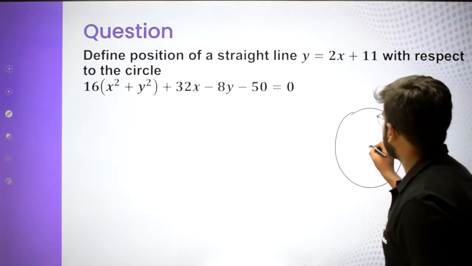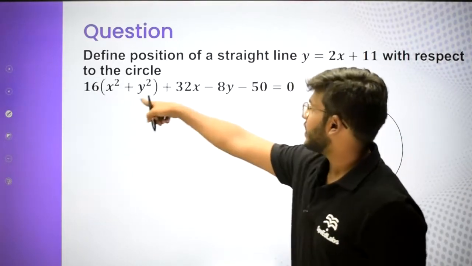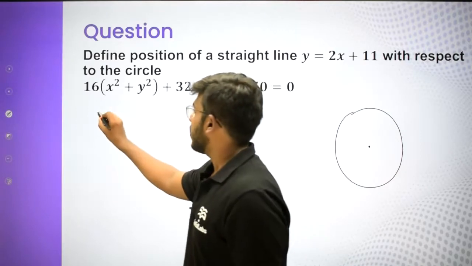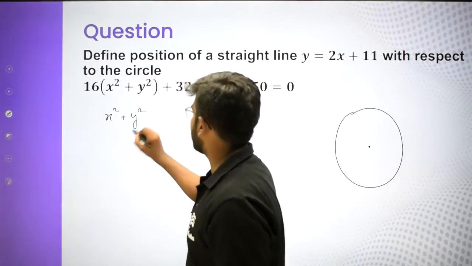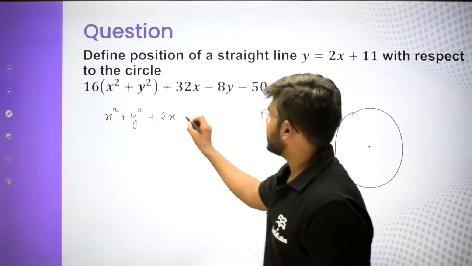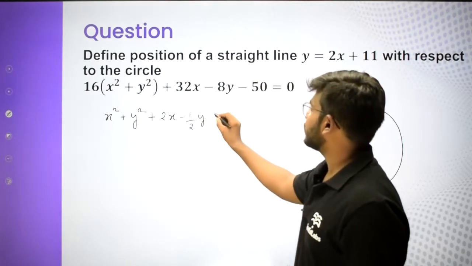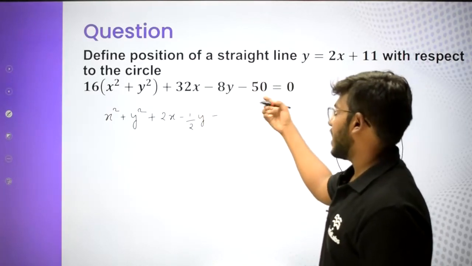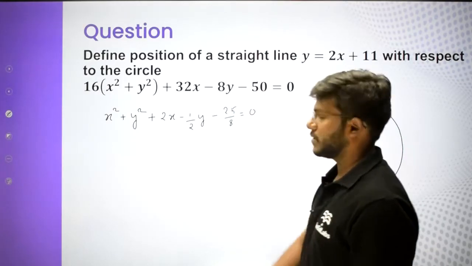Now guys, can you tell me what is the center of this circle? So first of all, can you divide this whole thing by 16? All right, so what you will get is the equation of the circle as x square plus y square plus 2x, 8 by 16, that will be minus 1 by 2 of y, and beta, minus 50 by 16, that can be written as minus 25 upon 8 equals 0.